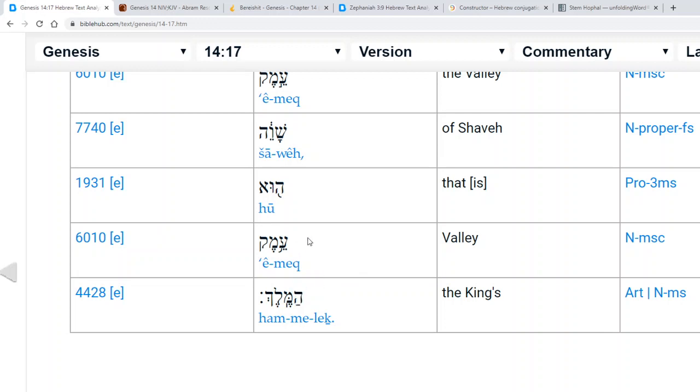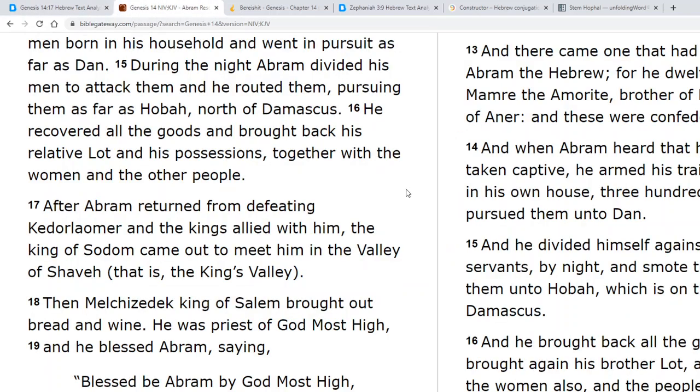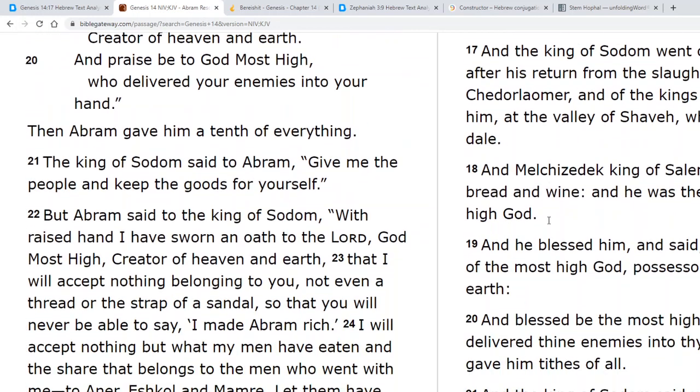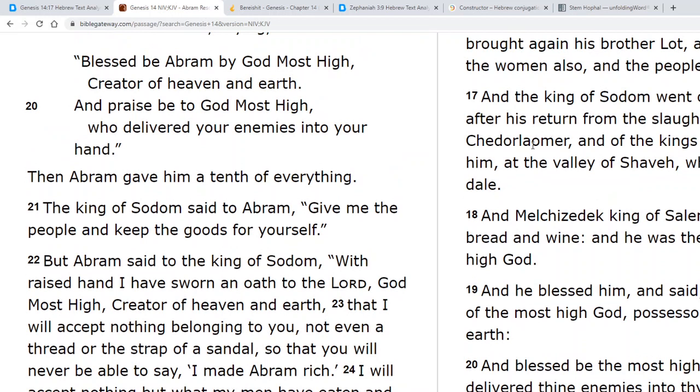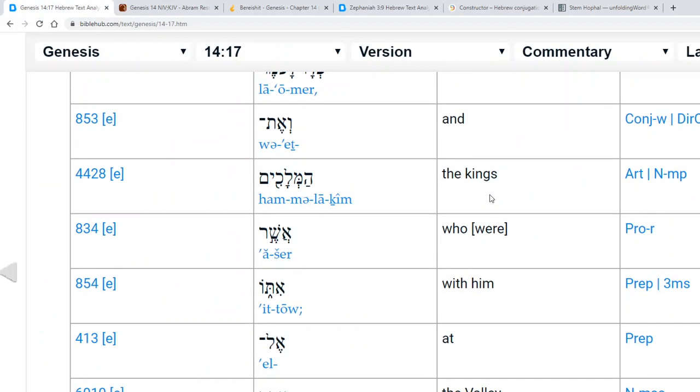Let's see. King James: And the king of Sodom went out to meet him after his return from the slaughter of Kedar Laomer. Whoa. Not sure why they call it slaughter.